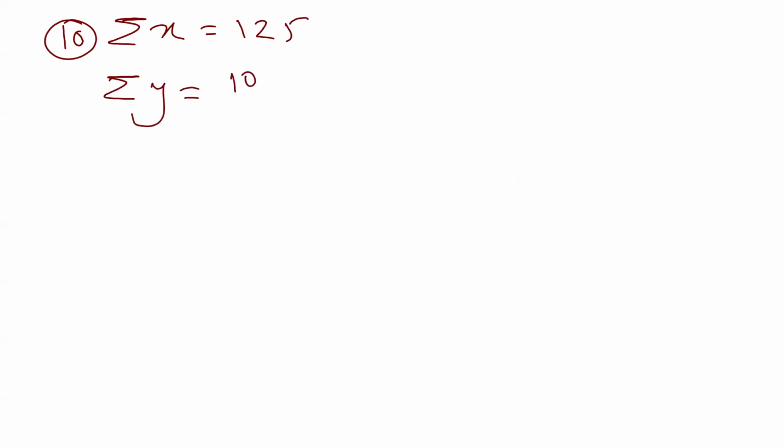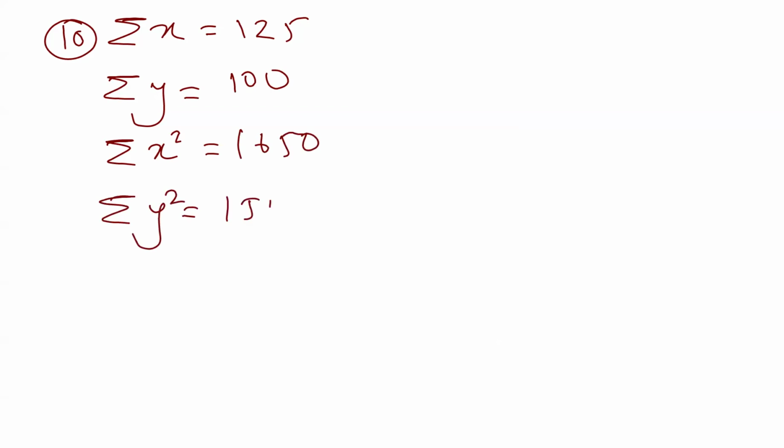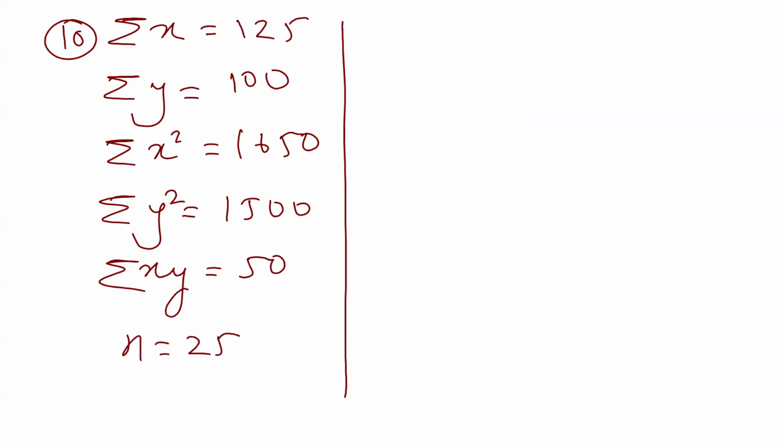Okay, let's take the next problem. Question number 10. Summation x is given as 125, summation y is given as 100, summation x square is 1650, summation y square is 1500, summation xy is 50, and n is equal to 25.